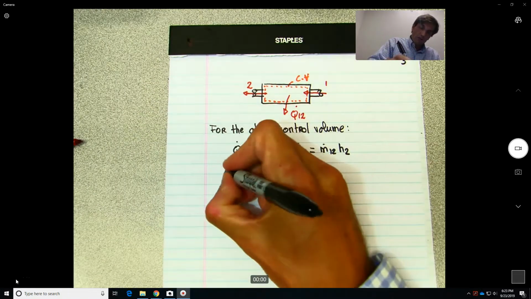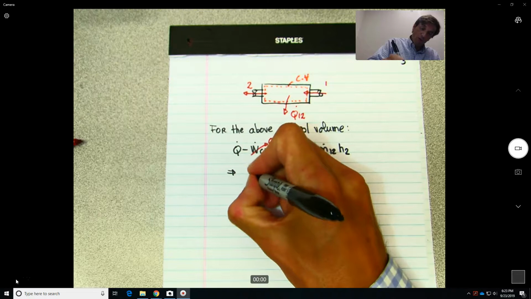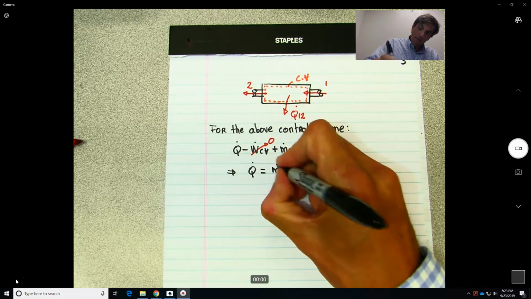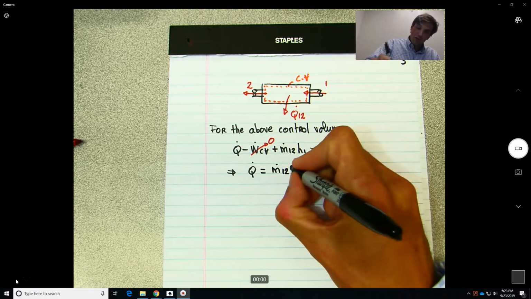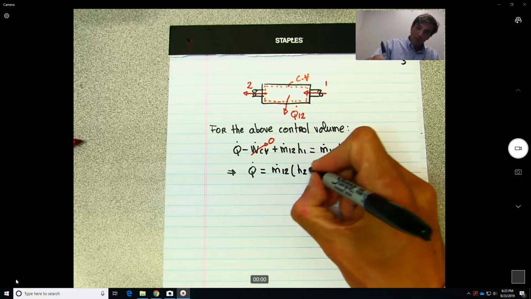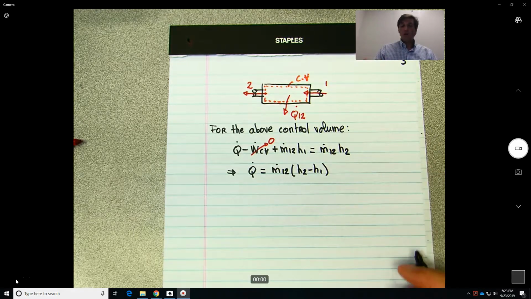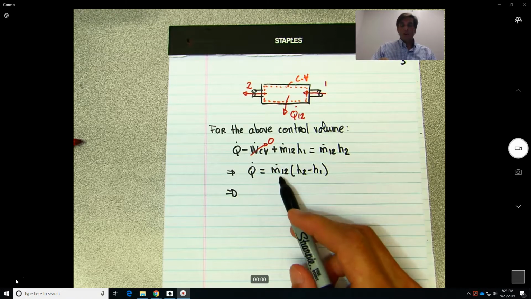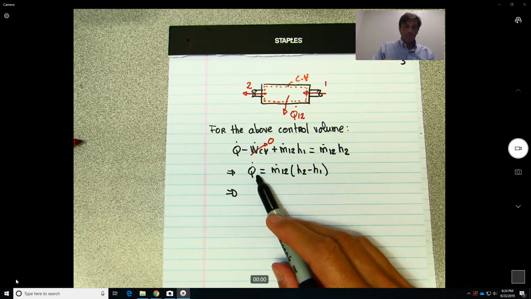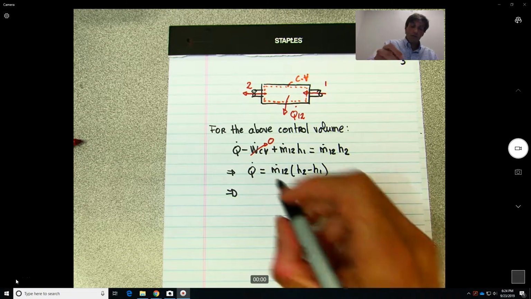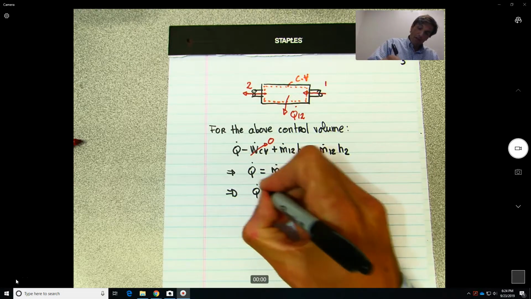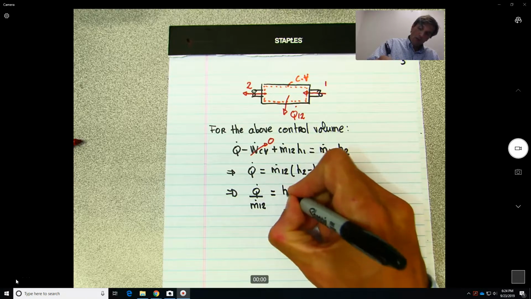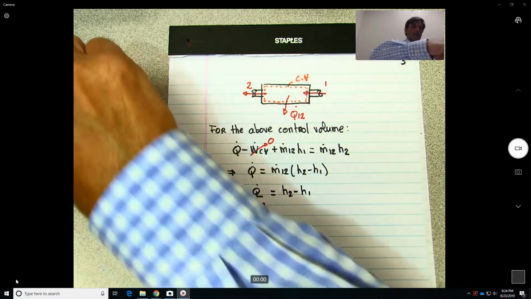So we need to solve for the Q. Q will be equal to M12 times H2 minus H1. But we need to find this result in kilojoules per kilogram. So basically it means Q over M12 equal to H2 minus H1.